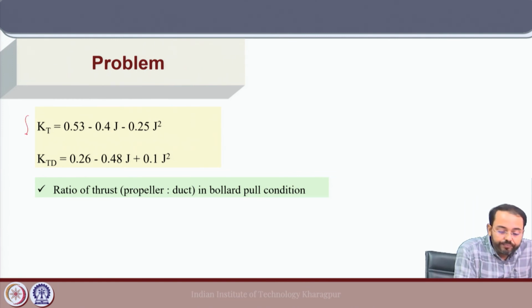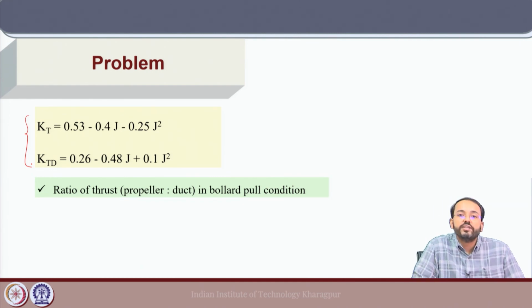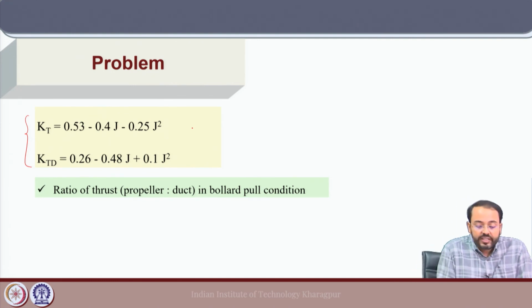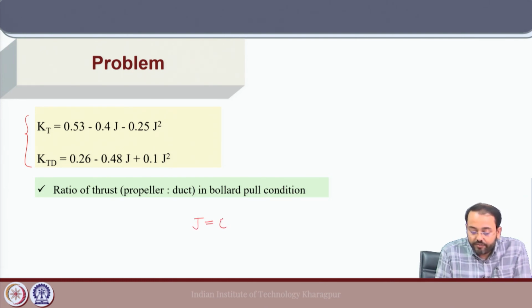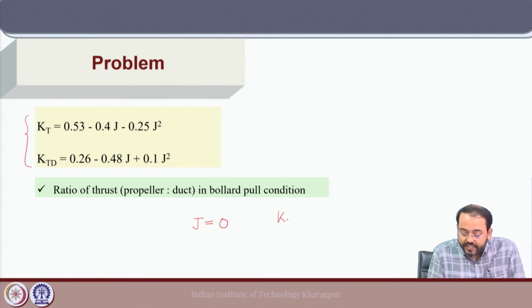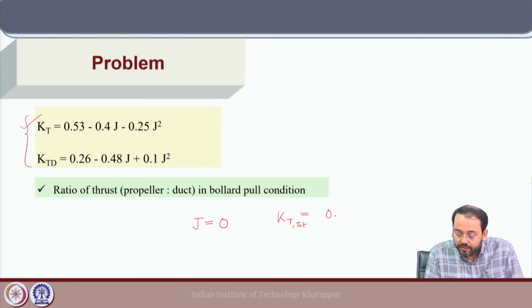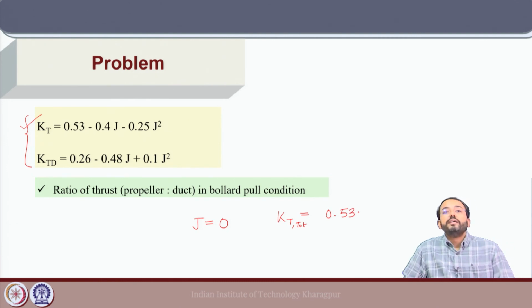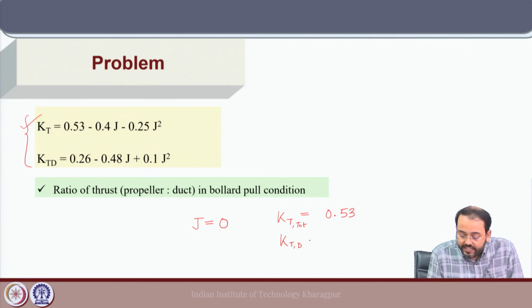We have the thrust coefficient part of the open water diagram, the total thrust and the duct thrust given in these equations. Now, in the Bollard pool condition, J will be 0, then Kt, the total thrust, or Kt total we can write same as Kt here, is 0.53, because in the Bollard condition the advance coefficient is 0 and Ktd is equal to 0.26.